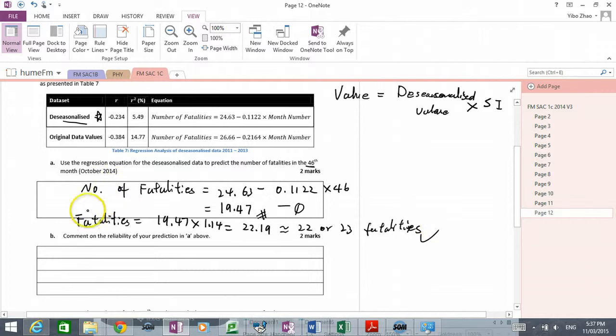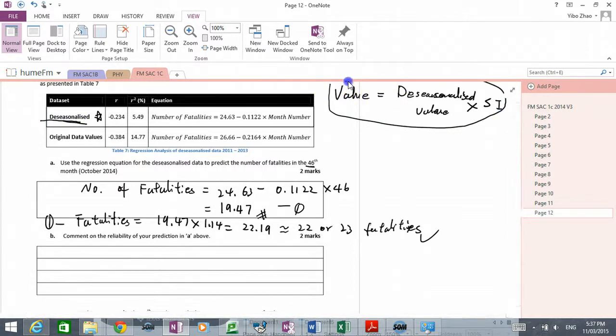This is how you get the second mark. Just remember, when we're using the deseasonalized equation, we have to do the final step: the real value is the deseasonalized value times the seasonal index.